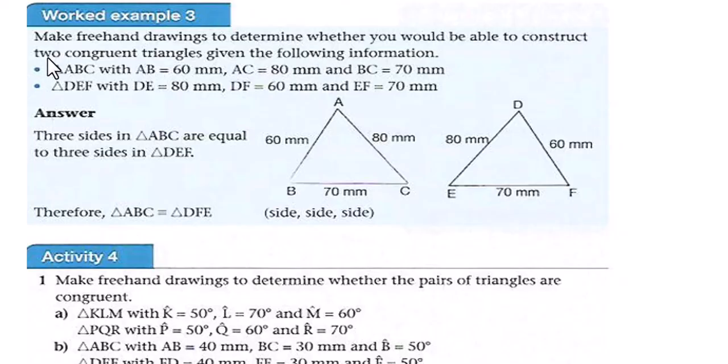We have triangle ABC with AB equals 60 millimeters, AC equals 80 millimeters, and BC equals 70 millimeters.